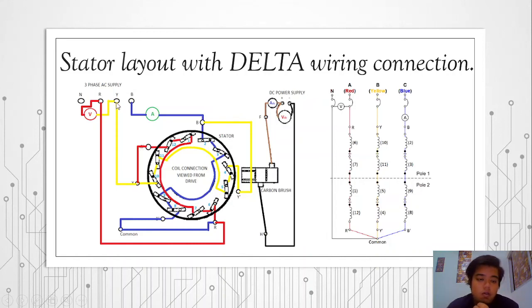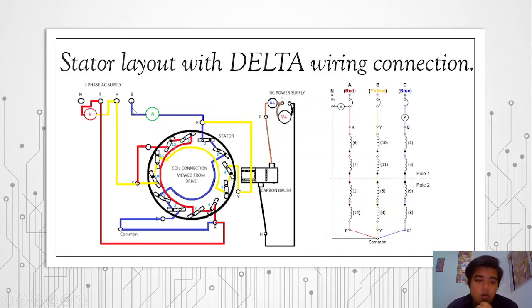And then the yellow line connects to points 10 and 11 for pole 1, and then straight to points 5 and 4 for pole 2, and then directly connects to the blue line.